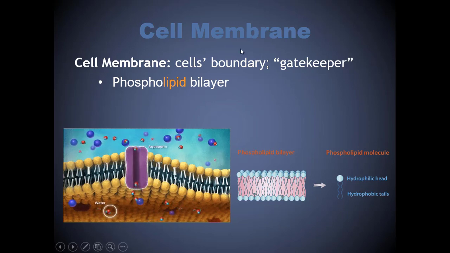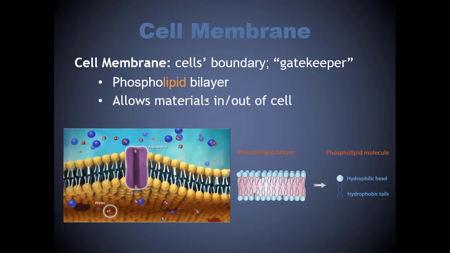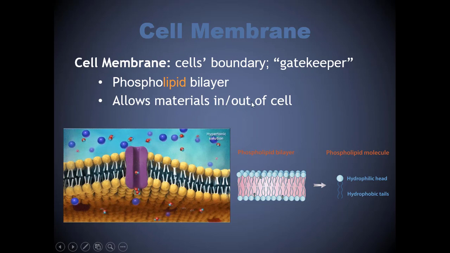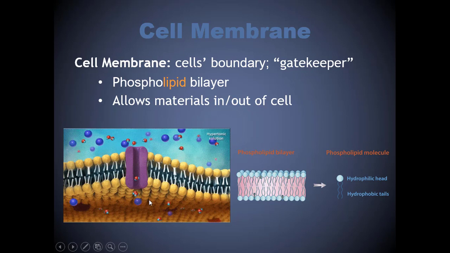So the major function of the cell membrane is to allow materials in and out of the cell. You can see it here, where some molecules are going through this protein. Alright, so apart from the phospholipid bilayer, we know that the membrane is also made up of proteins, and these proteins essentially allow certain materials that cannot go through the bilayer.